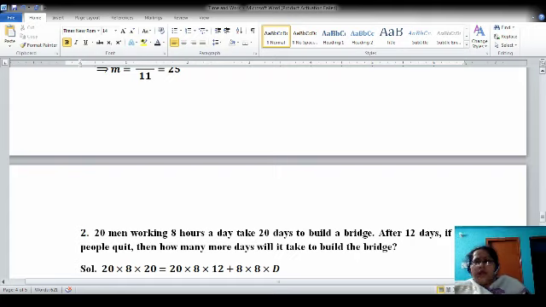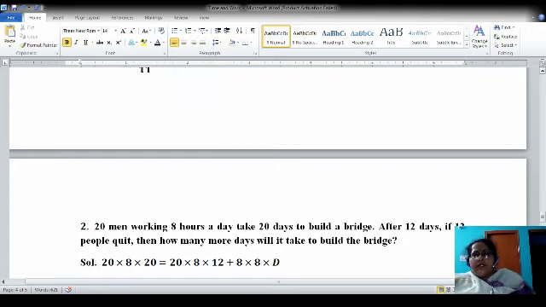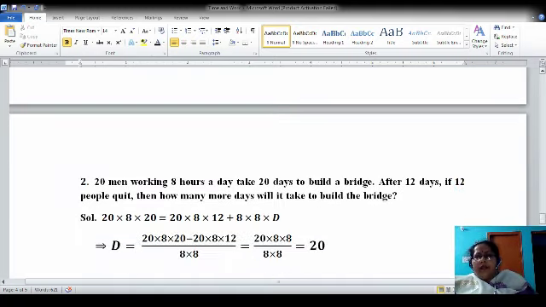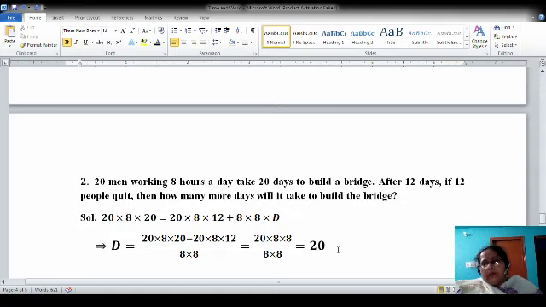So now we can easily solve. Your D is 20 into 8 into 20 minus 20 into 8 into 12, divided by 8 into 8. So this is again 20 into 8, 20 minus 12 is 8. So the answer comes to be 20. That means if 12 people quit, then the remaining people have to work for 20 more days to complete the construction of the bridge.